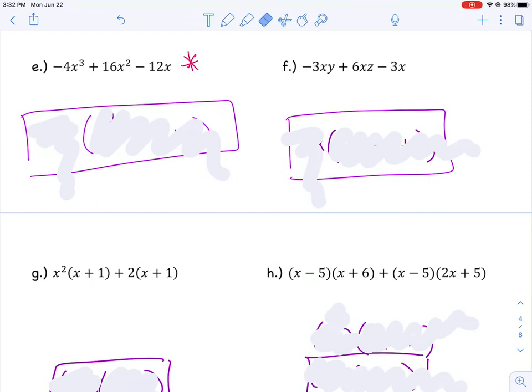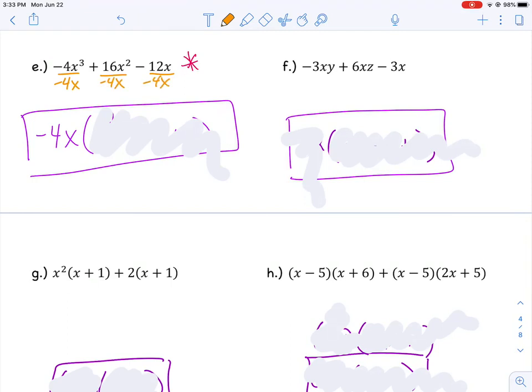So not only am I going to look for a GCF, I'm going to look for a negative GCF. So what's the biggest number I can divide into 4 and 16 and 12? It's a 4, right? But I'm going to actually take out a negative 4. And what's the biggest amount, a greatest common factor, between x cubed, x squared, and x? Well, it looks like a negative 4 and 1x.